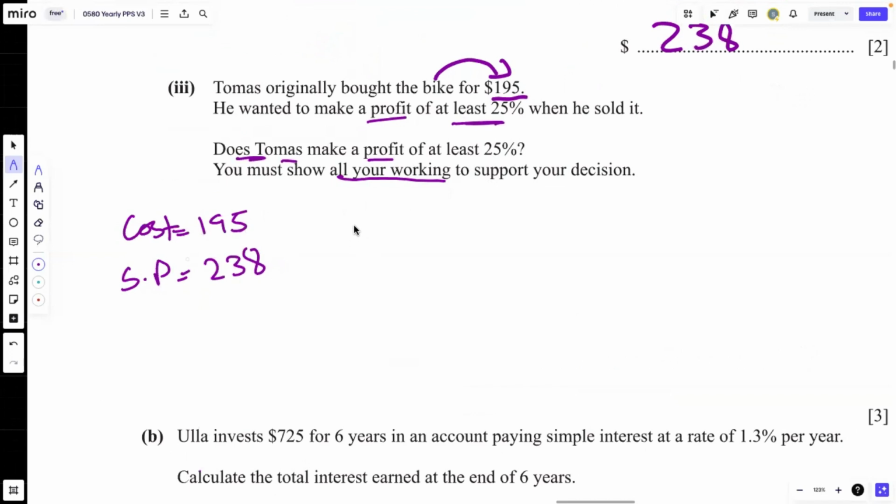So we'll see the difference between 238 and 195 first. It's the percentage change formula, which is new minus old upon old.